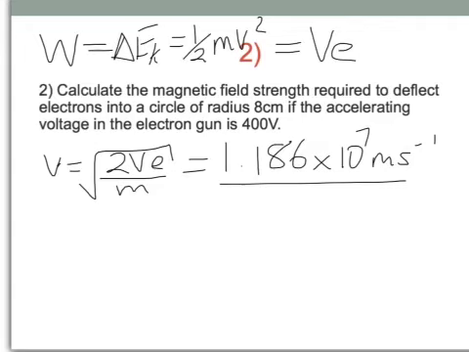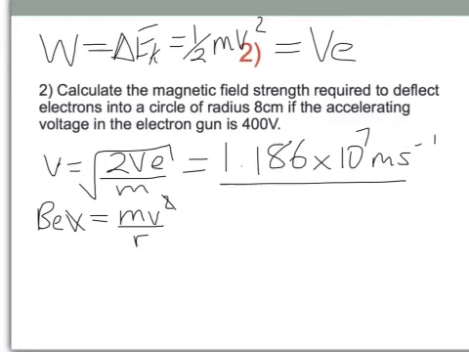Of course, we need a centripetal force, so we can say, well, BeV, our magnetic force, has to be the source of our centripetal force, mv squared over r. You can see that, of course, we can get rid of a square here and solve for B. We have everything else.